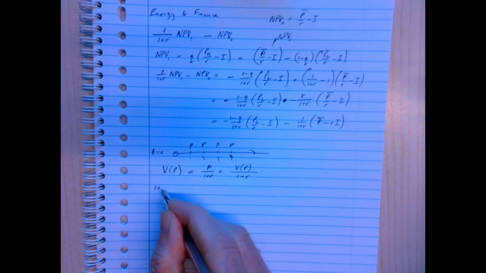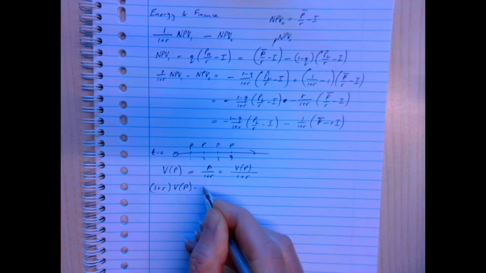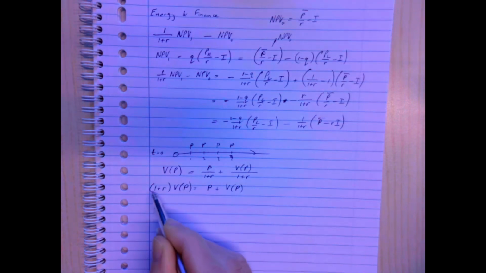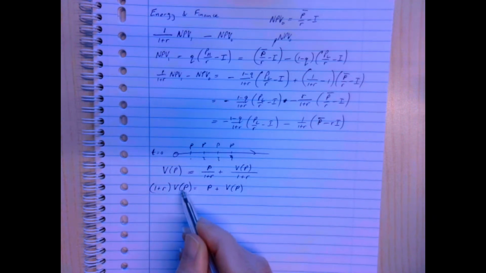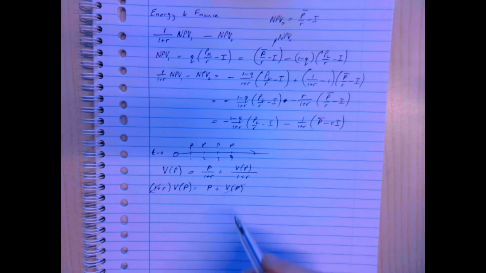So it gives us 1 plus R times V of P should equal P plus V of P. And of course, 1 times V of P is just V of P. So those two are going to cancel.